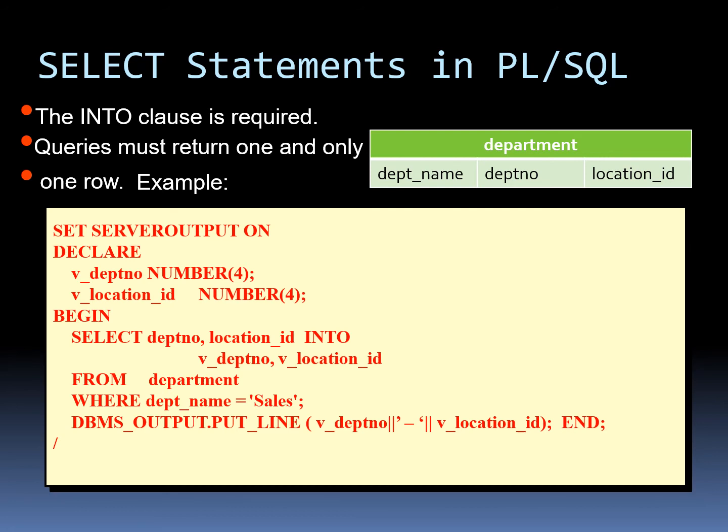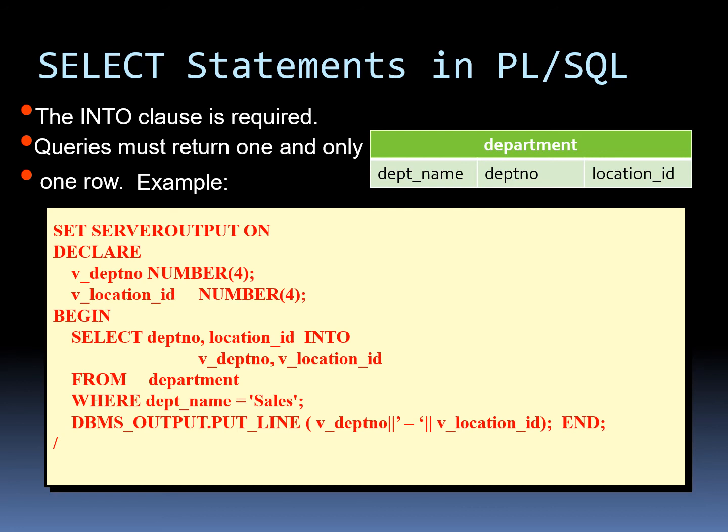So for this we have declared two variables, v_department_number and v_location_id, corresponding to the department number and location ID of the table. Here we will start our BEGIN section.